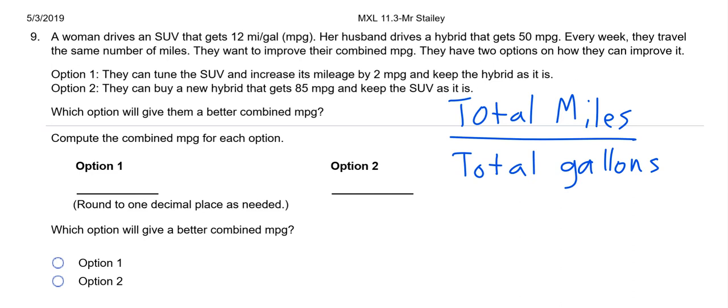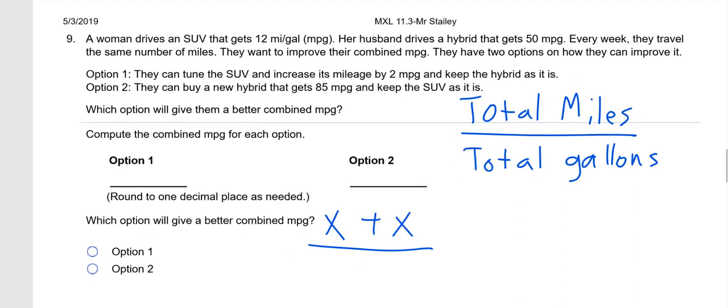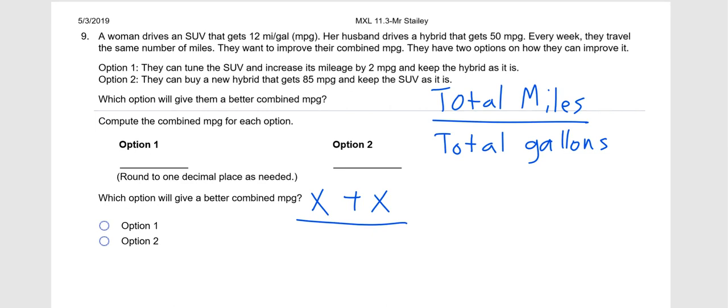Option number 1. Now, total miles. He drives x number of miles, and so does she. Now, the total number of gallons of gas that he uses is miles divided by miles per gallon.